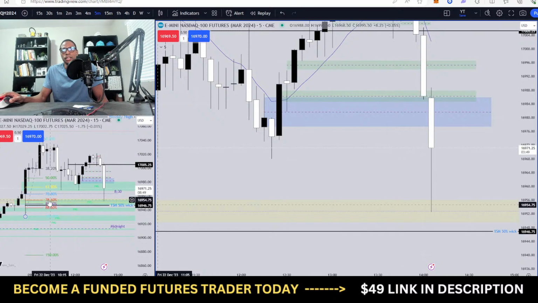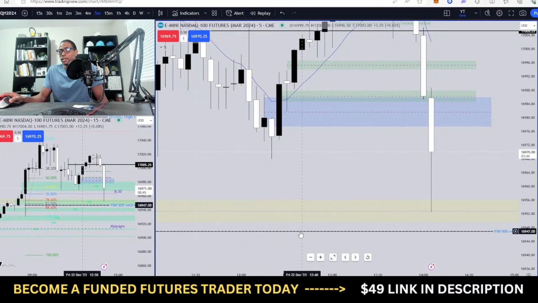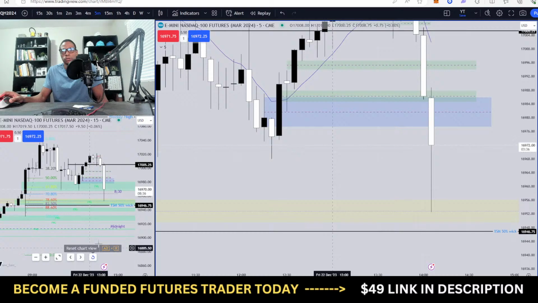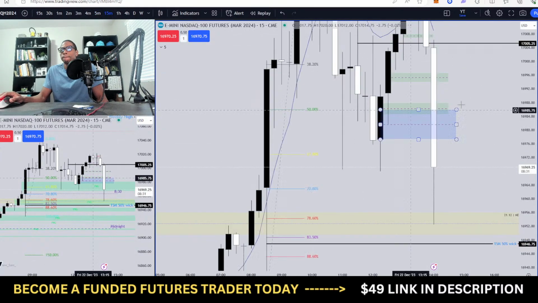We're now down at the 80% retracement, also the new week opening gap. This dark line that I have at 947, that's on the 15-minute, that's 50% of the down wick. You'll see that down in the left-hand corner. Let me go and throw that up here.